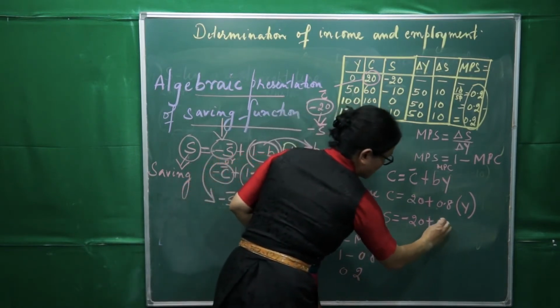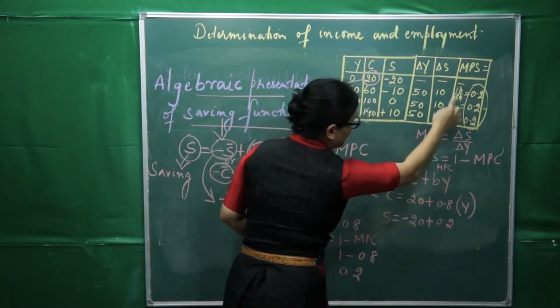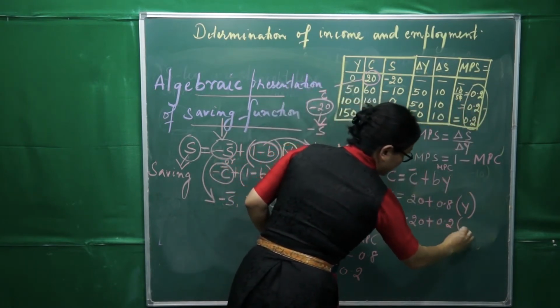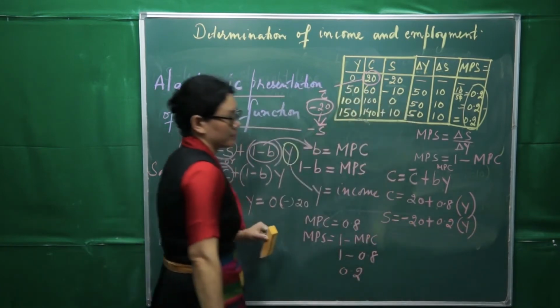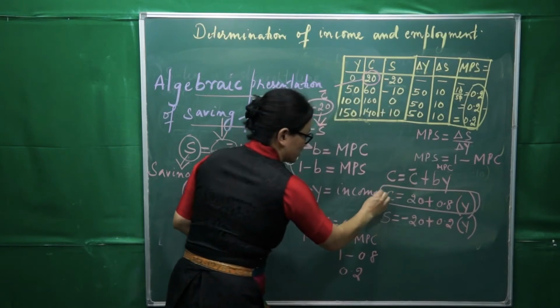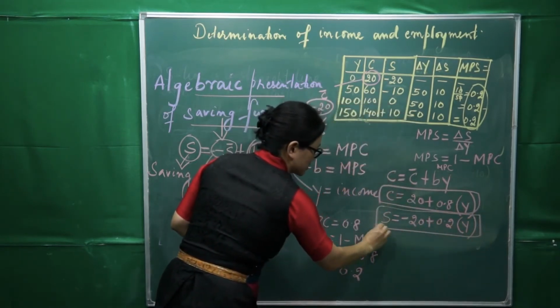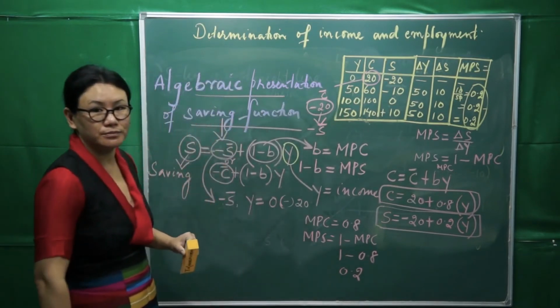So we get 0.2 MPS, then Y. So this is the consumption function equation and this is the saving function equation.